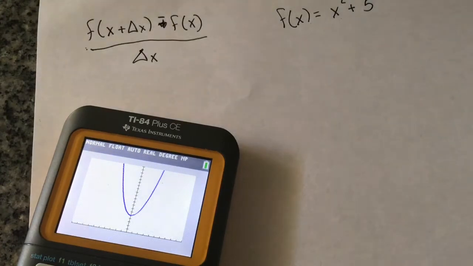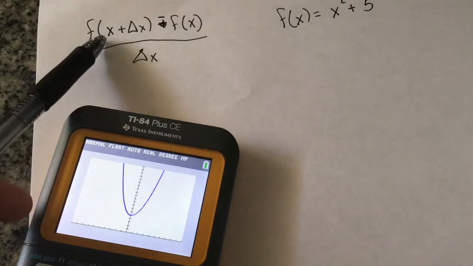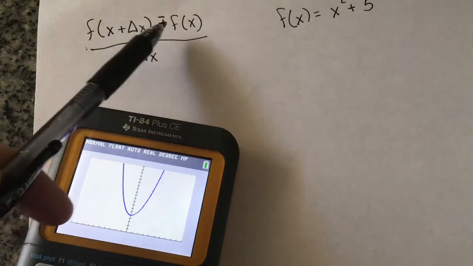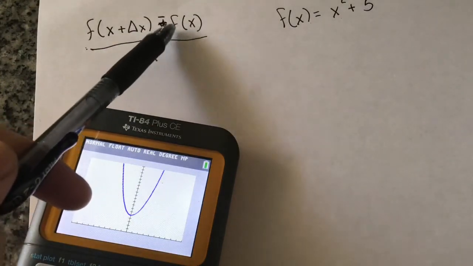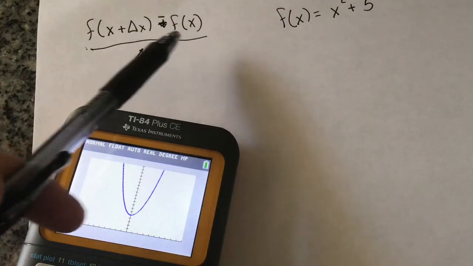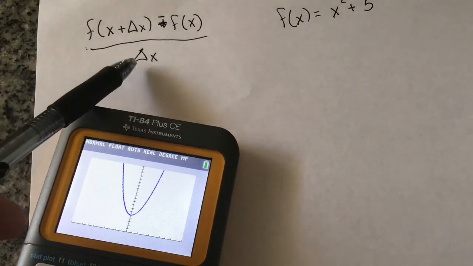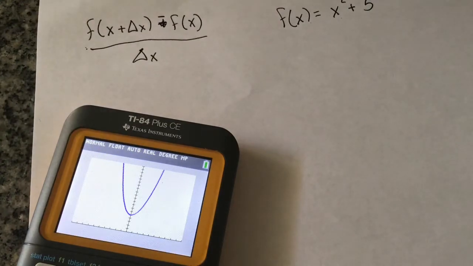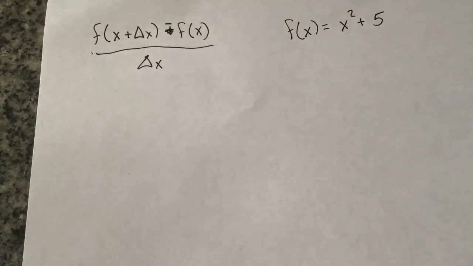The function of x plus delta x, otherwise meaning the function of where we started plus how much we moved, minus the function of x, or just the function of where we started, divided by delta x, the change in x, the change in how far we moved. So this is kind of an atypical way of looking at the slope equation, but we're going to try it out firsthand today.